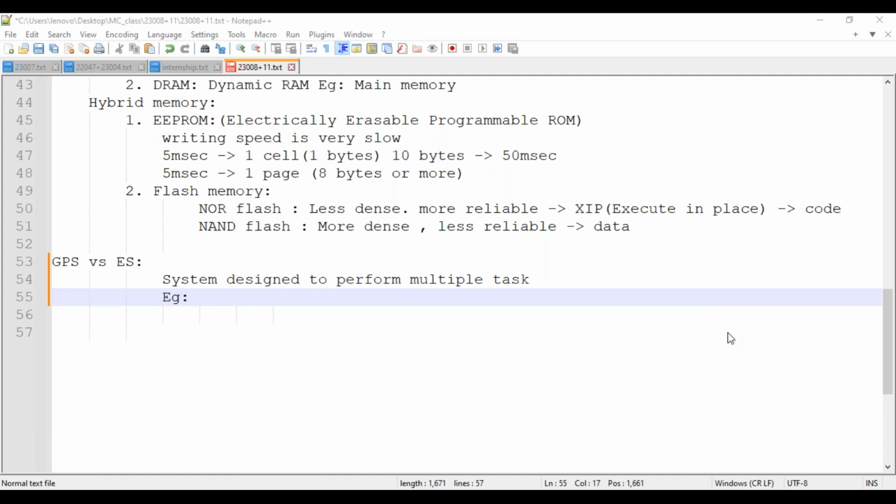Okay, so that depends. As of now we are considering only computers where you can definitely extend the memory, but there are several other advantages also. Okay, we will see later. So examples of general purpose systems are computers, your PCs, or your laptops.